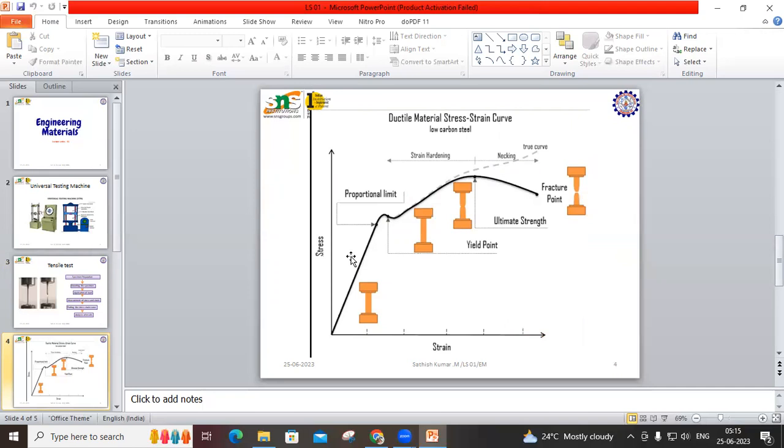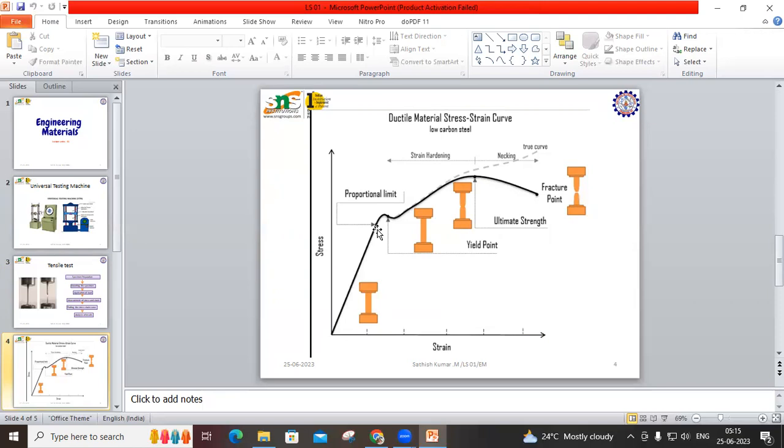Here we have strain on the x-axis and stress on the y-axis. When the tensile specimen is loaded, the stress and strain gradually increase in a linear manner up to a point called the proportional limit.